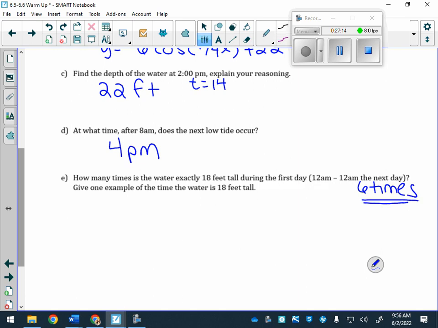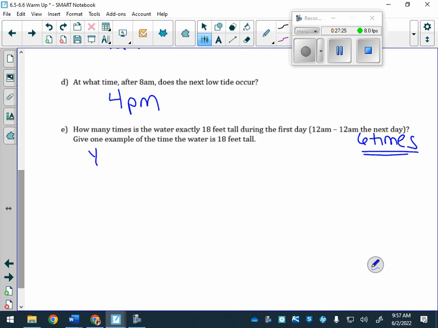How can we find an example? What would you do in this case? What would we do? Tommy, any idea? We would graph it. We would do y1 is our equation, and then y2 would be 18.